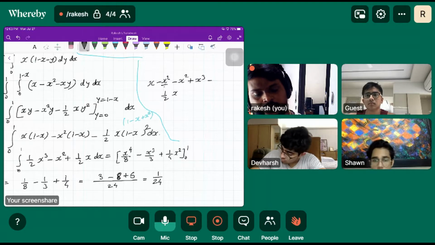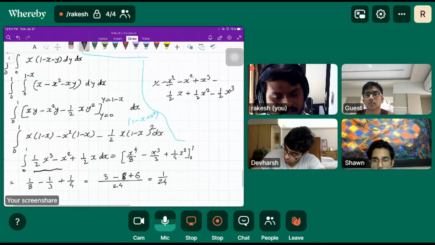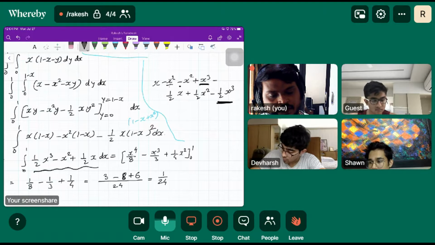So minus half x plus half x square minus half x cube. So are we getting this? x cube minus half x cube is half x cube. That's fine. X square minus, okay, this is minus 2x square.